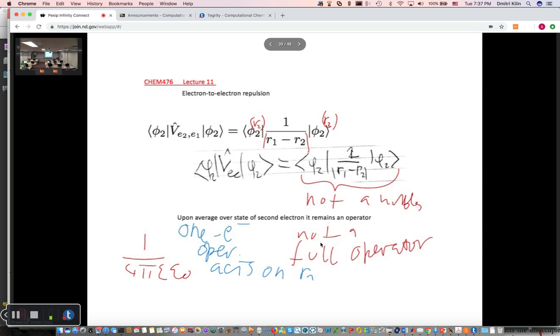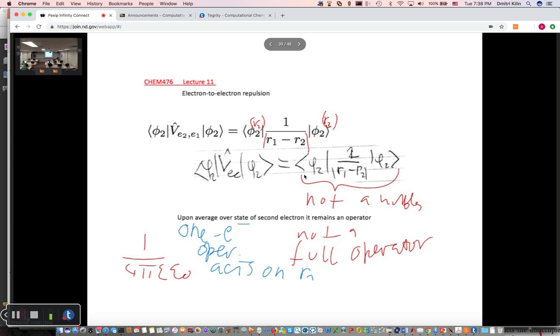Now let's look at the last term. Everything before was really easy, trivial, with no challenges. This term will not take much writing, but it is the most challenging, and it brings the most complications for any theory and programming. Now we are considering electron repulsion: 1 divided by the difference of the position of the first electron and the second electron. We do not have any constants in front because we are working in atomic units.